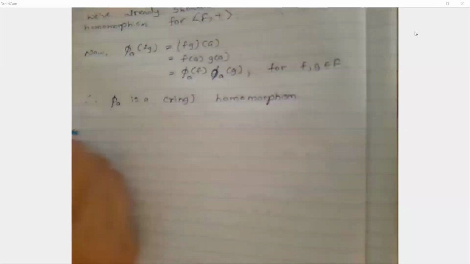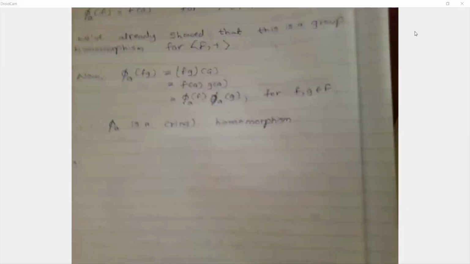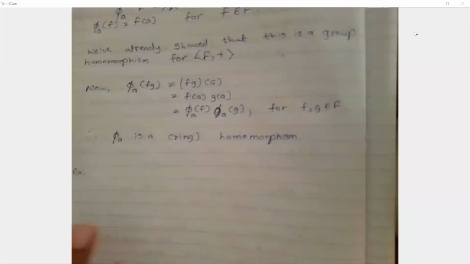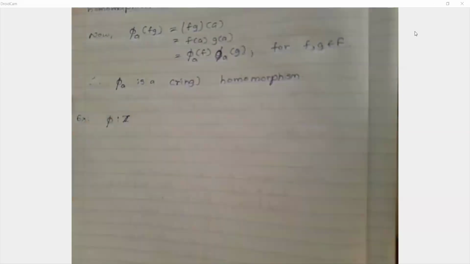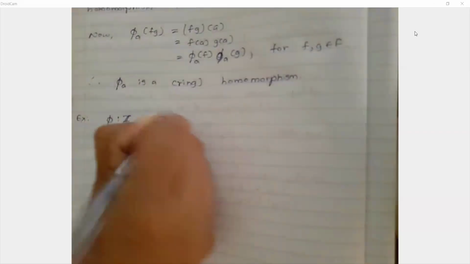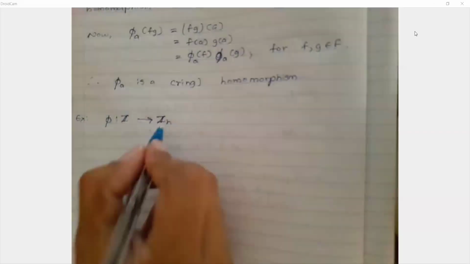Okay, let's take a look at another example. Let's define a mapping phi from Z, which is a ring, to the ring Zn. This also we saw last time is a ring under addition modulo n and multiplication modulo n, and Z is under usual addition and multiplication.